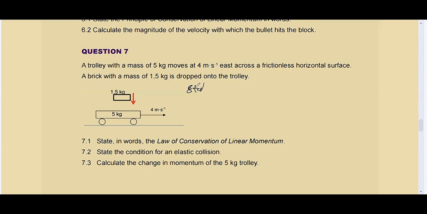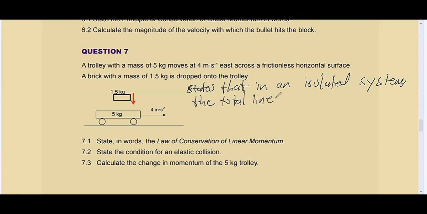It states that in an isolated system, the total linear momentum is conserved. This is how you go about practicing, guys. This is what you do when you practice past exam papers.